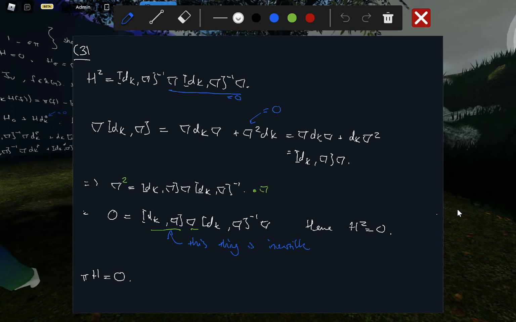I don't know what you mean. So how are you deducing h squared equals 0? Oh, sorry, no. So this equation implies, because this is invertible, that the rest of it must be equal to 0.